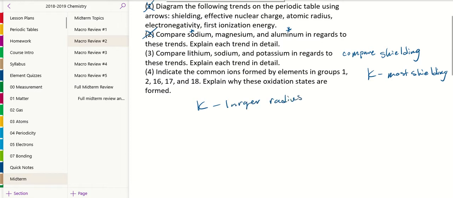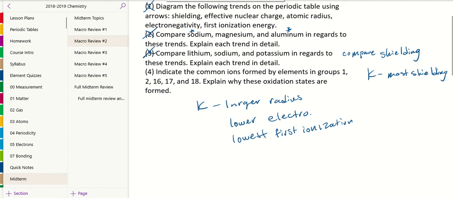It's going to have the smallest electronegativity. And it's going to have the lowest first ionization energy. Again, it all comes back down to the attraction between the nucleus and valence electrons.